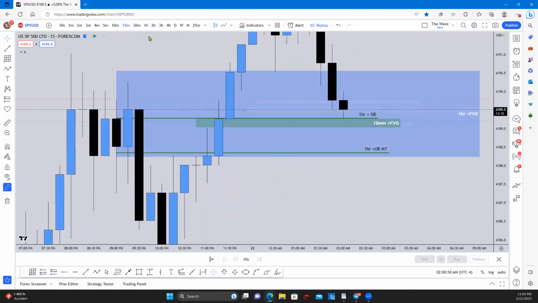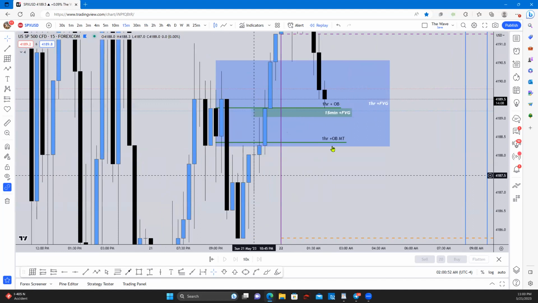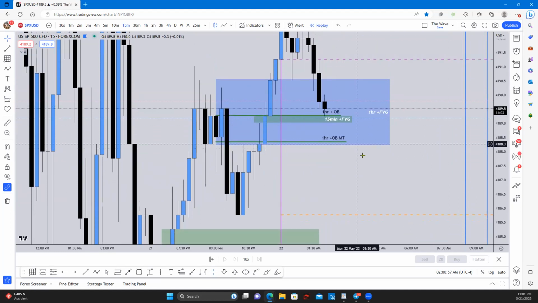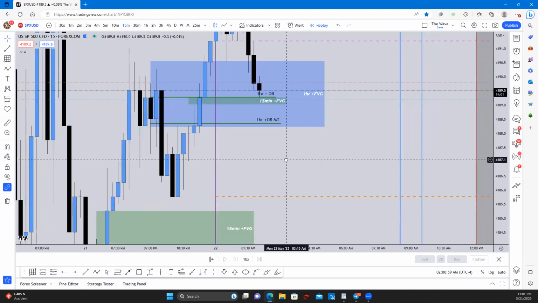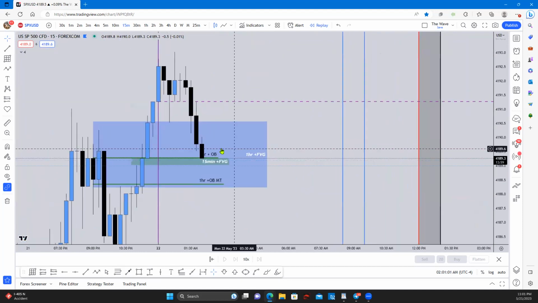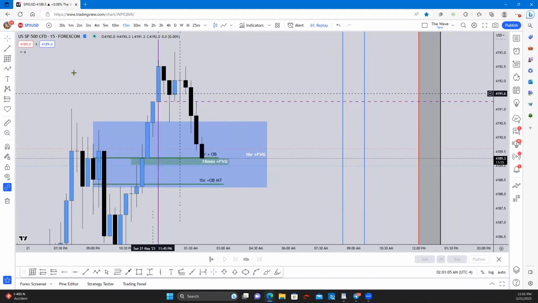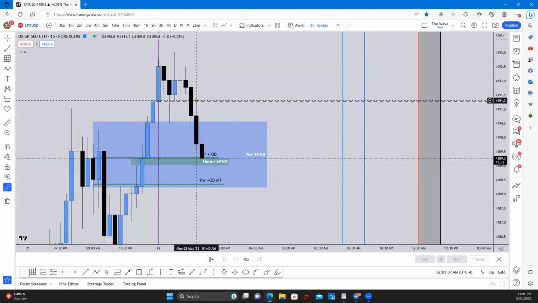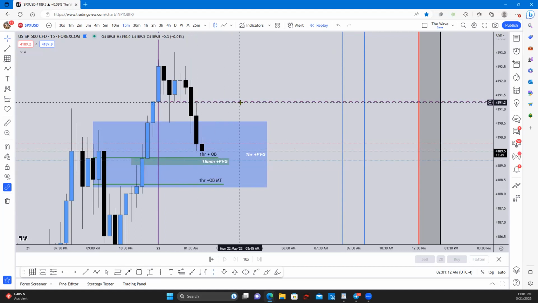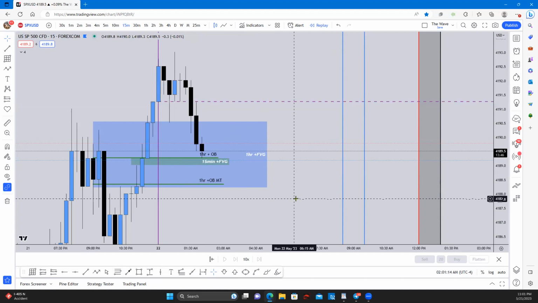And then we drop down to the 15-minute. We have this 15-minute fair value gap just in here that is inside of this 1-hour. So we could see price potentially bounce off of here, come back up maybe at least into this fair value gap here. We're underneath midnight opening price right now.